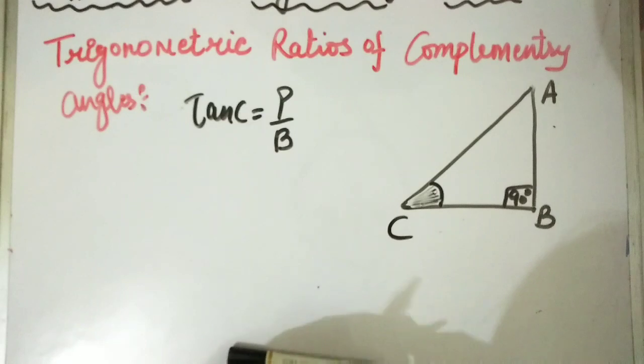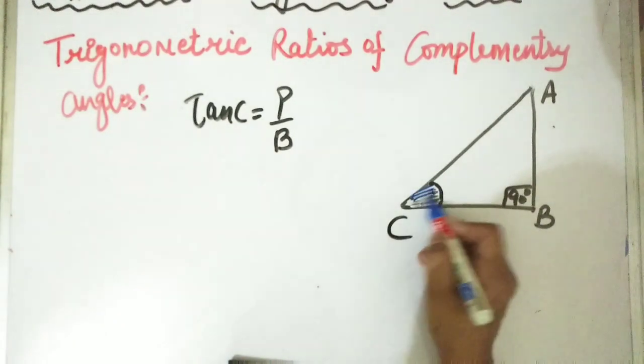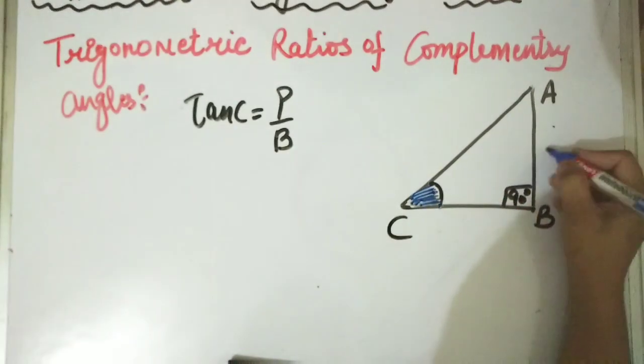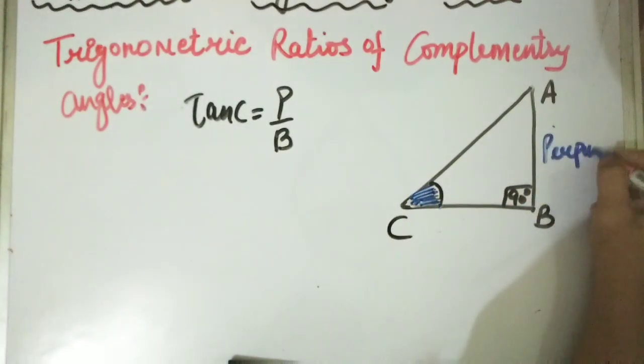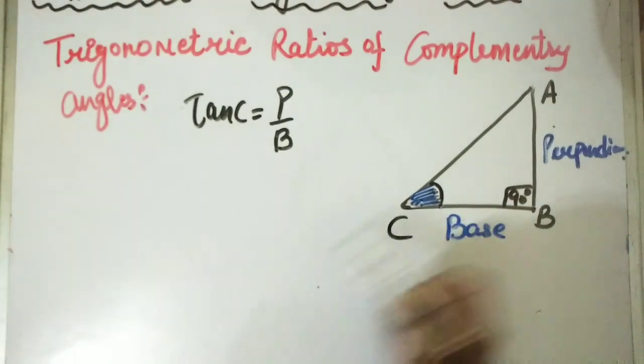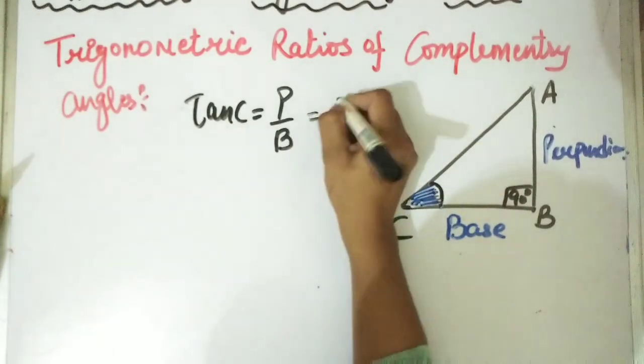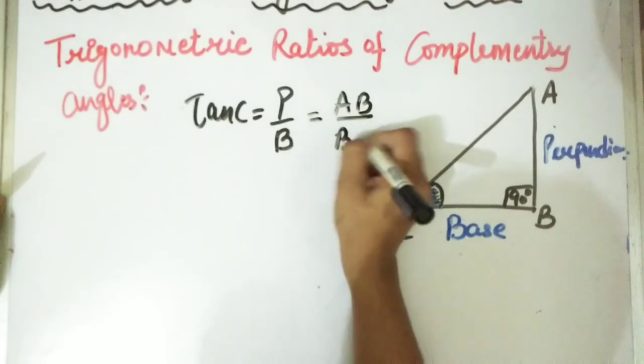Now first of all, we have to take the perpendicular. Now see, this is the angle C, and the line opposite to angle C is the perpendicular, and the line adjacent to C is the base. So what you get, tan C is perpendicular upon base, which is equal to AB upon BC.